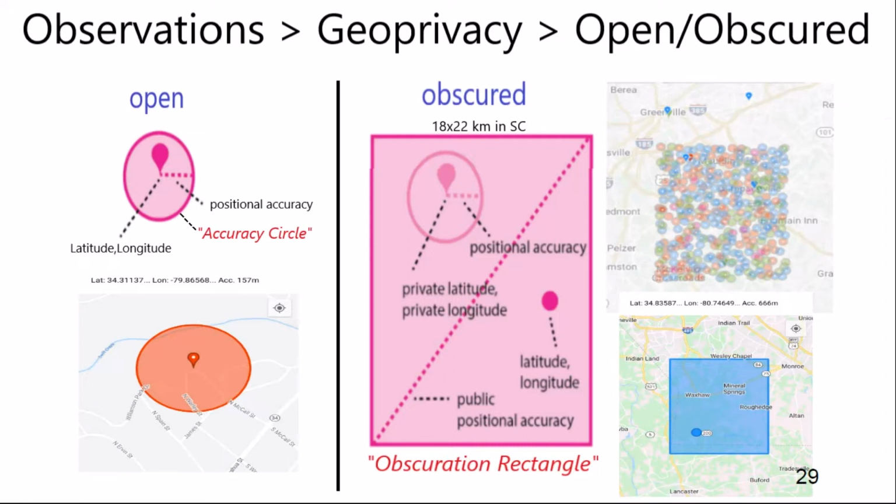I don't know who talks like that. In South Carolina, that's 18 by 22 kilometers. And if you have a whole bunch of obscured observations in one place, you'll see that they tend to group in a clump like that.